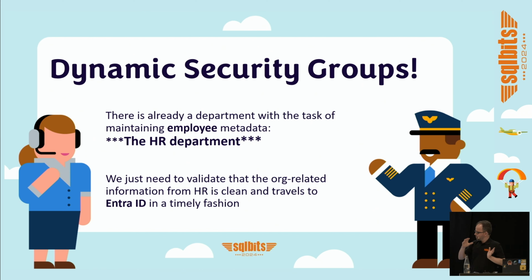And they will update the metadata in Entra ID, right? But we need to make sure that this is true, because if you ask, they say, yes, our metadata is updated and is perfect. But, well, I mean, we work in data, right? We need to be sure of stuff.